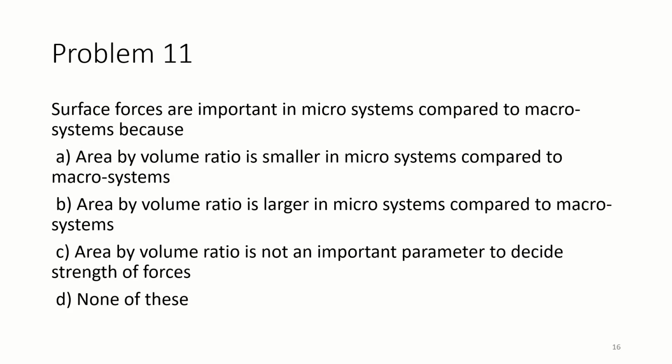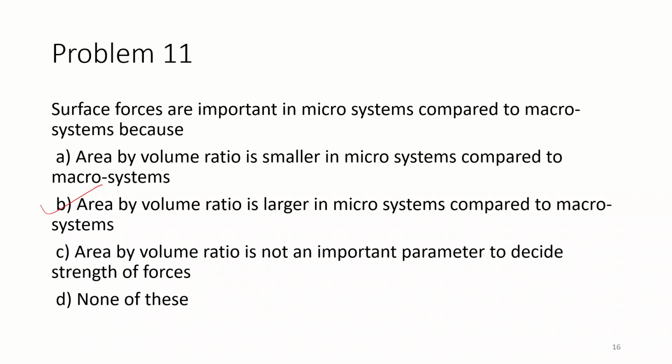Yeah, perfect. So the answer is: the area by volume ratio is larger in microsystems compared to macrosystems. These surface-based forces and bulk forces determine a lot, and make a lot of difference when we are fabricating our devices. For example, in bulk materials, when you have higher volume, the role of gravity is very high.